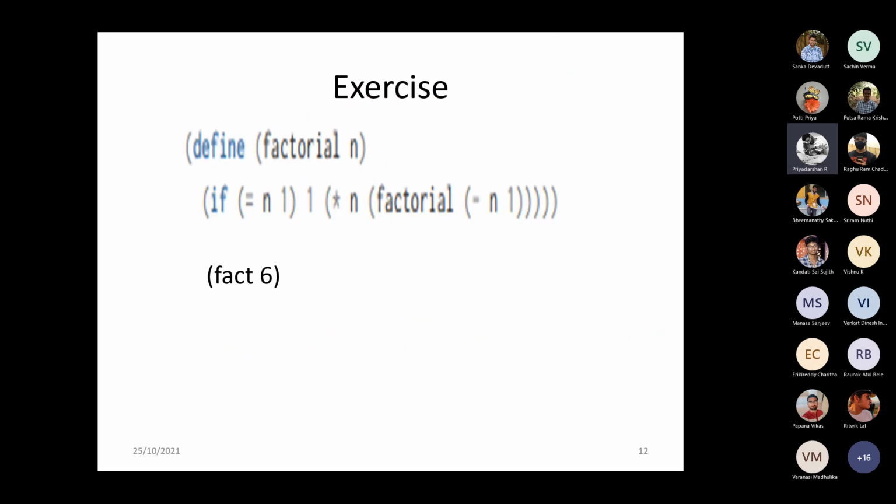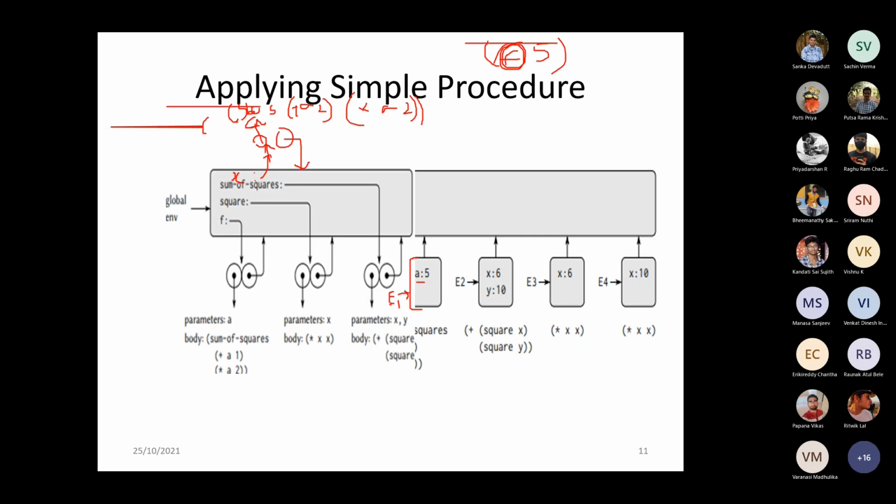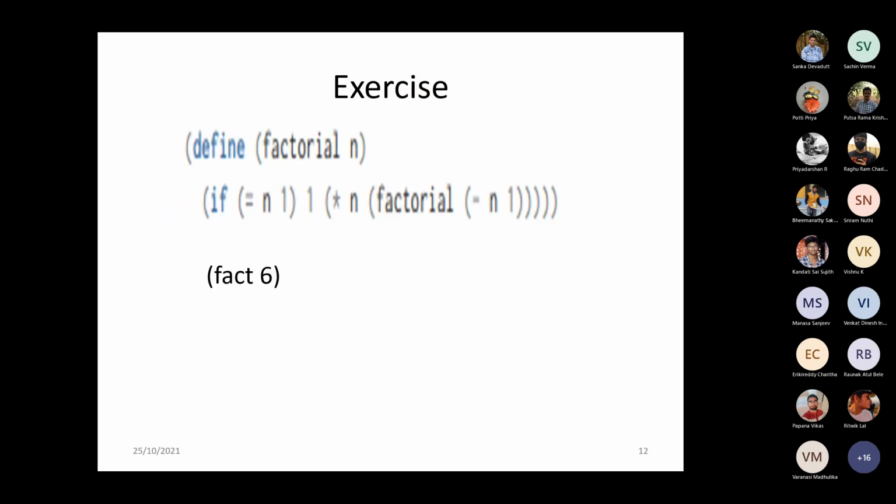So next is factorial one, I think it's 1018. I'll stop with this. We'll continue in the next class with the factorial procedure, and we shall see how the environment would be created when it is a linear recursive procedure, and how the definitions would happen when it is linear iterative.